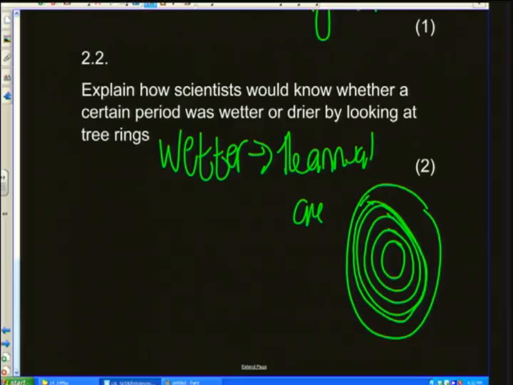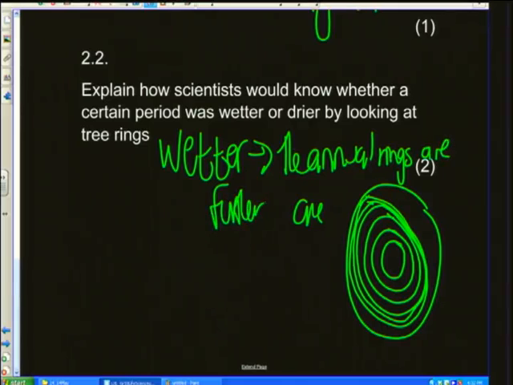So what happens? Here, the wetter, the annual rings are further apart. Why? Lots of water. If we've got water, we're going to have growth.